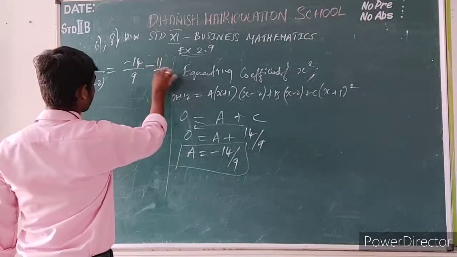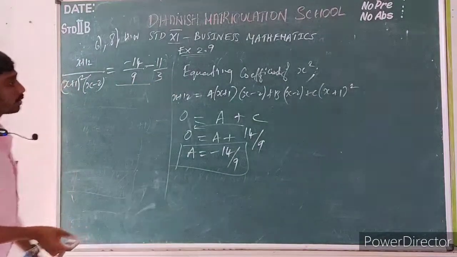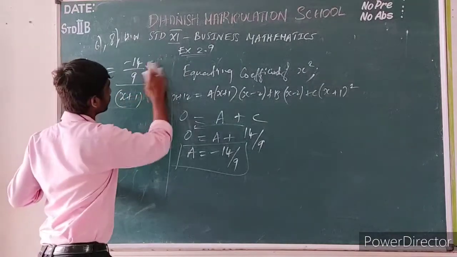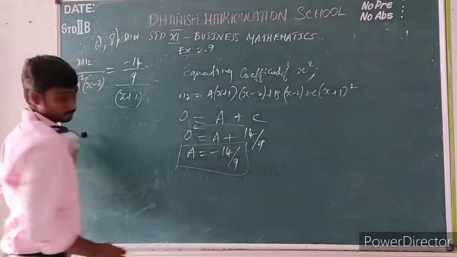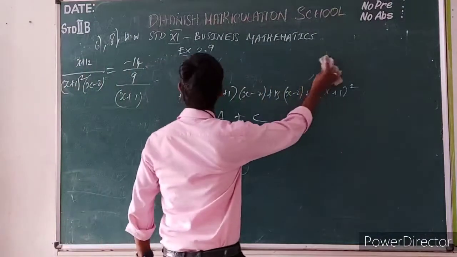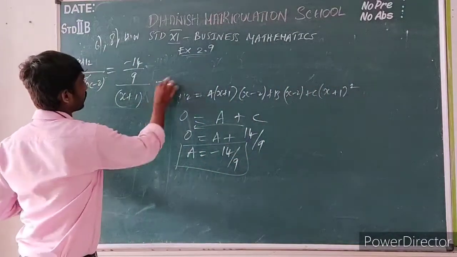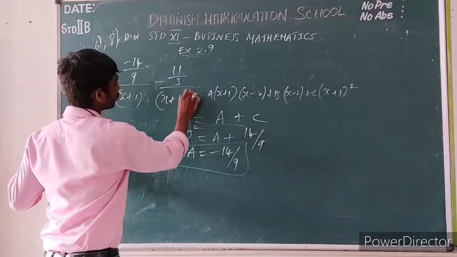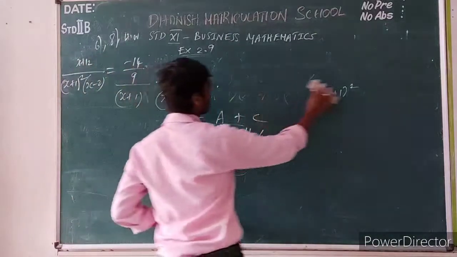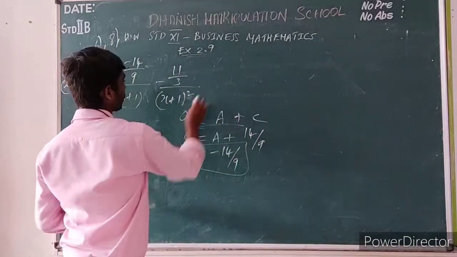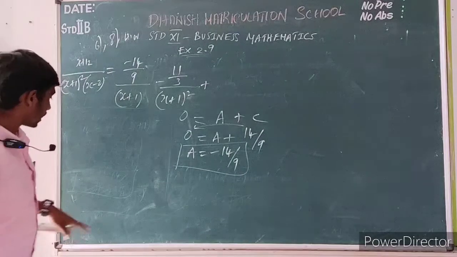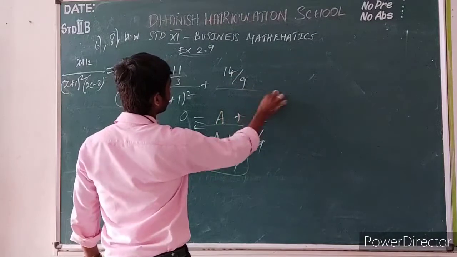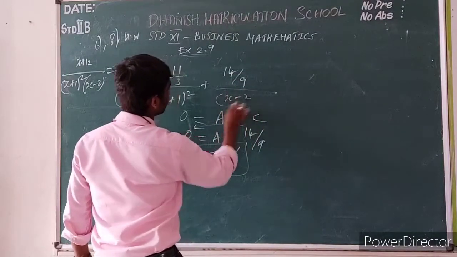That is minus 11 by 3, divided by x plus 1 the whole square, plus, what is the c value we are getting here? 14 divided by 9. That is plus 14 divided by 9 divided by x minus 2.